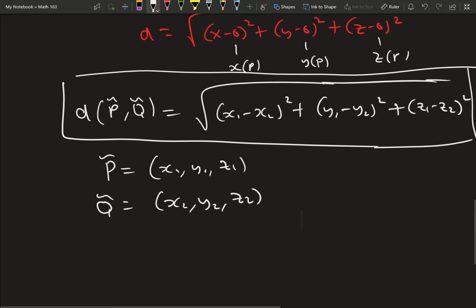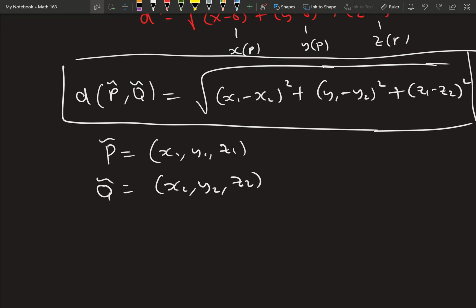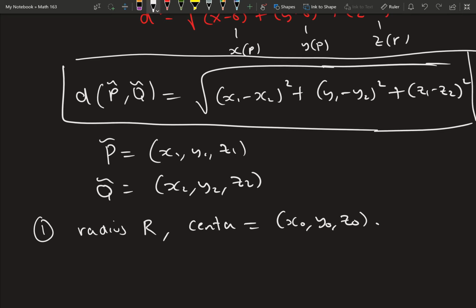And so you could compute the distance between 2 points, but let's just apply it directly to a problem of spheres. I'll do 2 problems. One is, if I have a radius called capital R and a center of x0, y0, z0, I want to get the equation of the corresponding sphere.